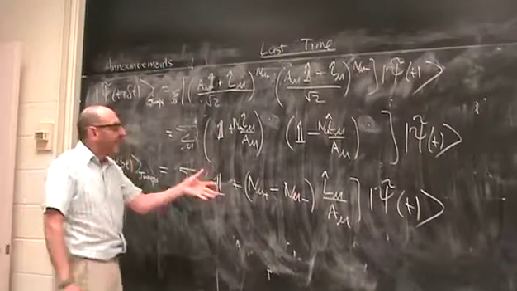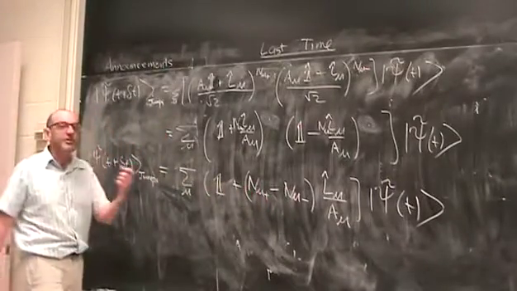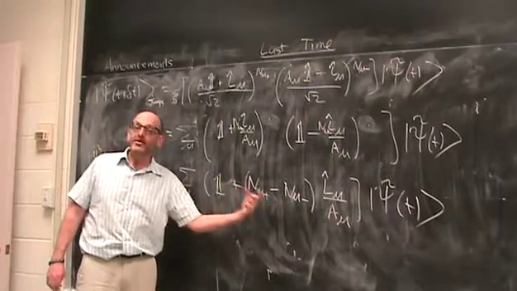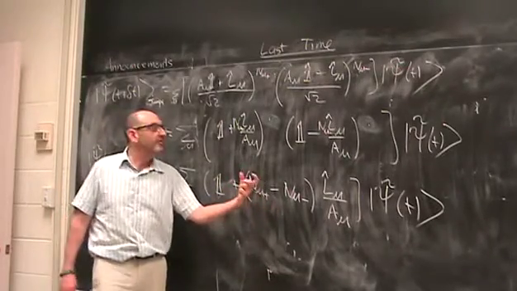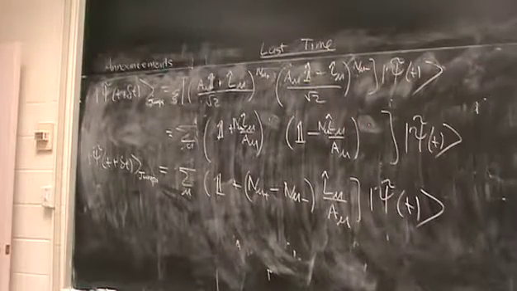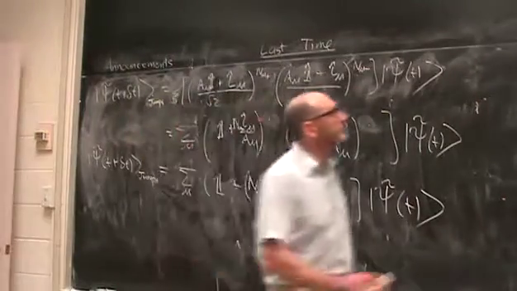We're at this point: this stochastic evolution depends on the stochastic value of this photon number difference between those two detectors. Okay? Now, what is that photon number difference? Well, we have it over here.